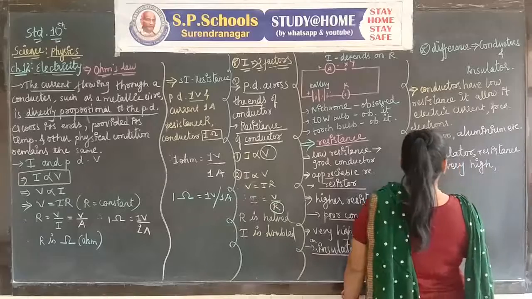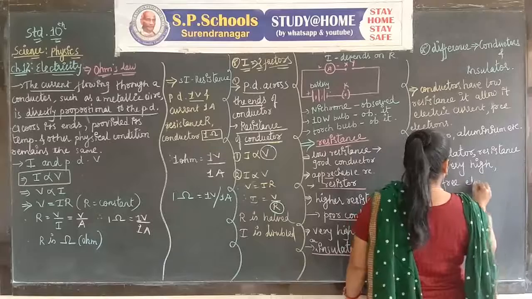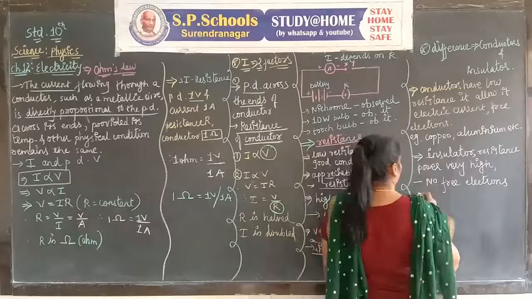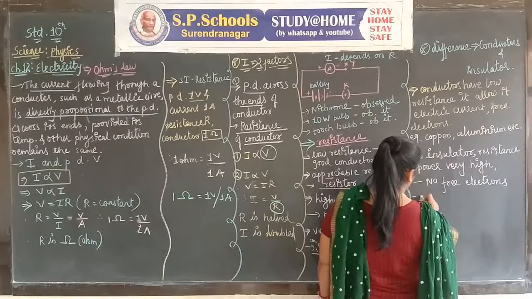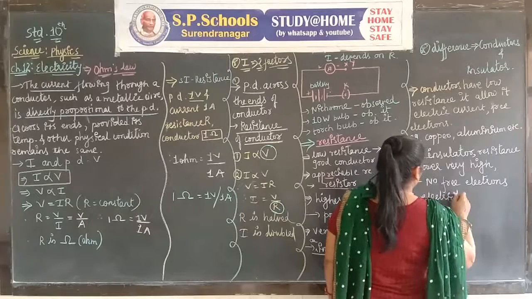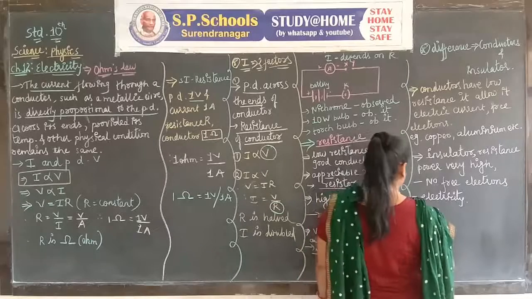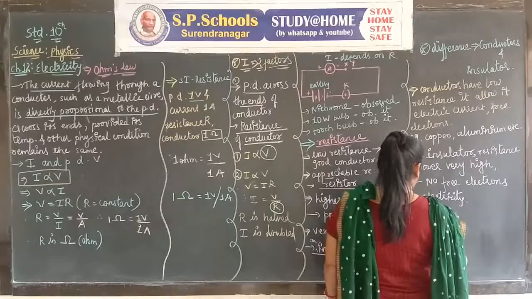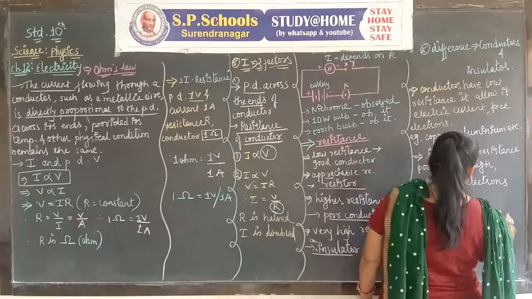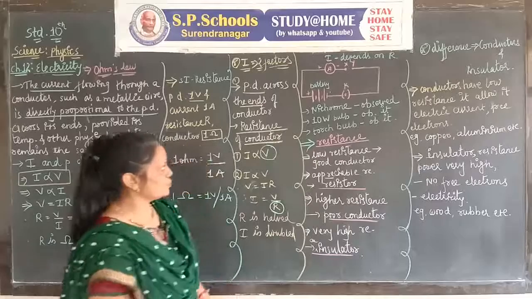They have no free electrons, so they cannot conduct electricity. Electric current will not pass through it. We take examples: wood, rubber, etc. So here we show the difference between conductors and insulators.